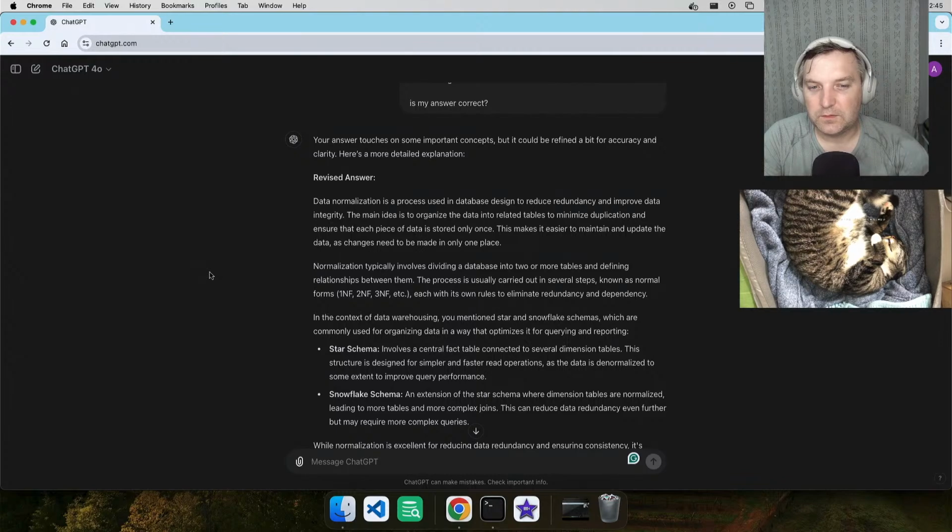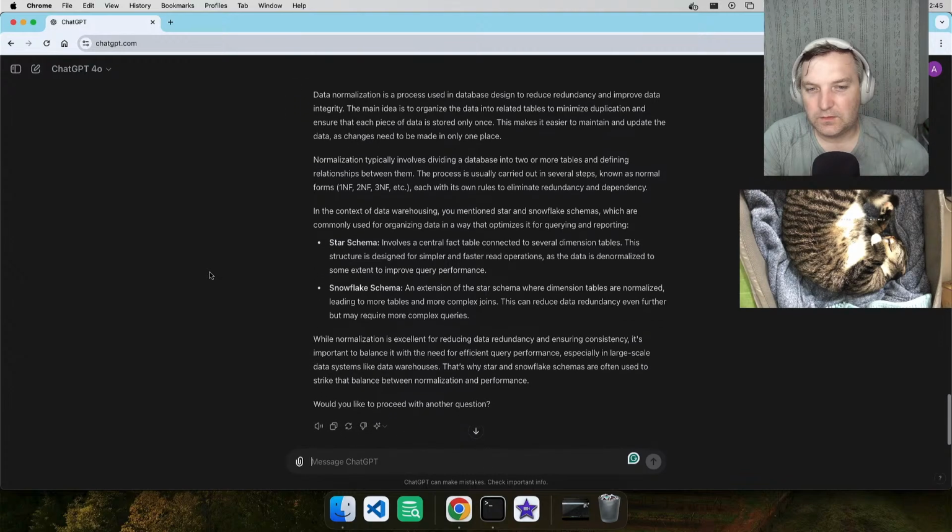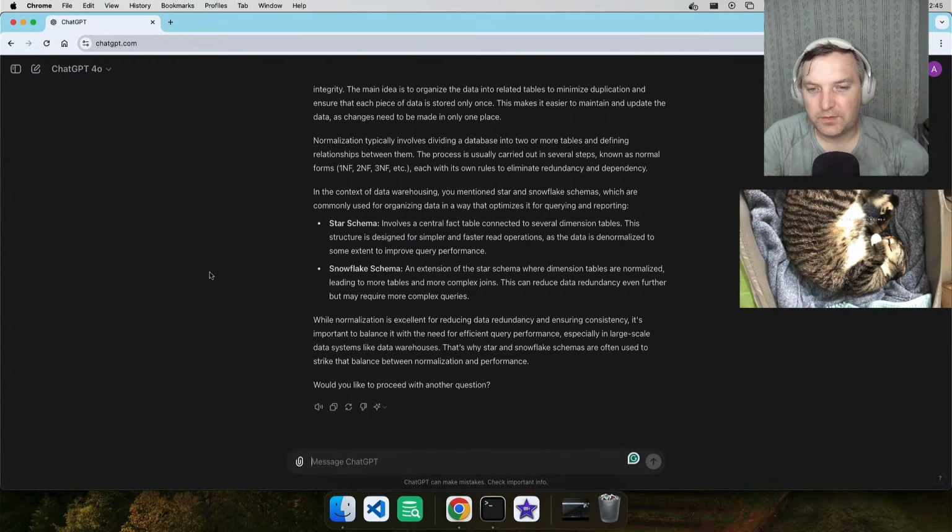This makes it easier to maintain and update the data. Normalization typically involves dividing the database into two or more tables, defining relationships between them. The process is usually carried out in several steps known as forms: first, second, and third normal form, each with their own rules, eliminating redundancy and dependency.